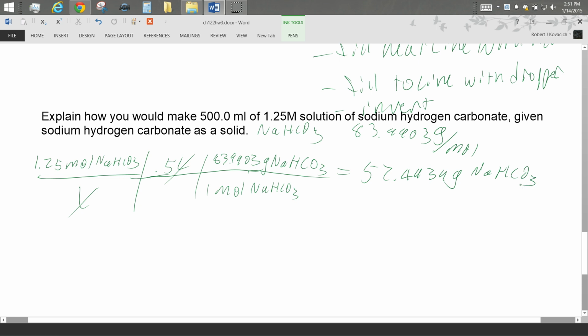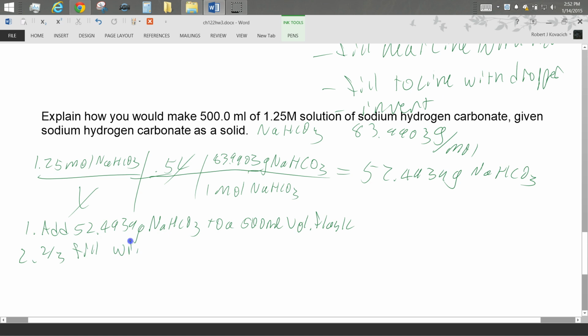All right, so add this 52.4939 grams of NaHCO3 to a 500 milliliter vol flask. Let's say 2/3 fill with water.